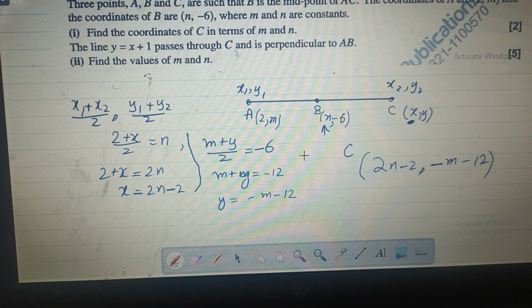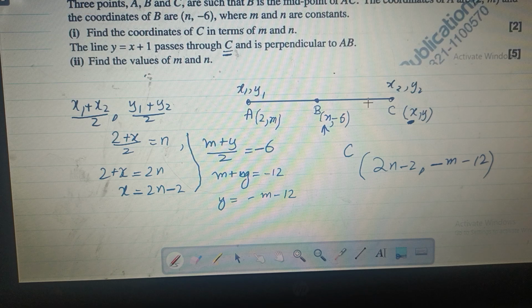Now he is saying the line y is equal to mx plus c passes through C. So C is having these coordinates. This is the line which is passing, y is equal to x plus 1, passes through C, and is perpendicular to AB. Okay. So it is perpendicular to line AB.